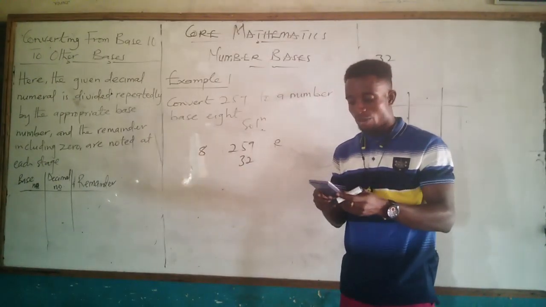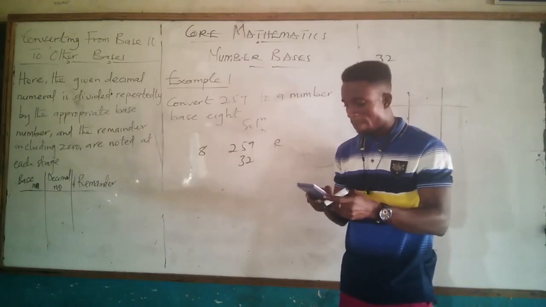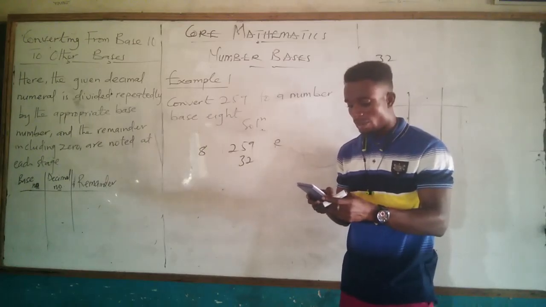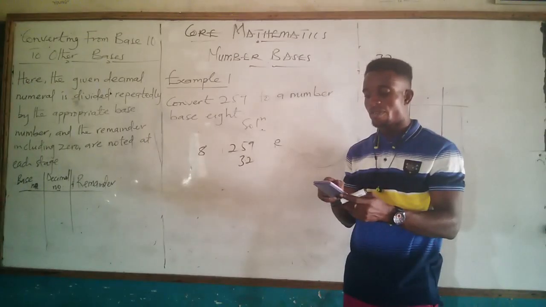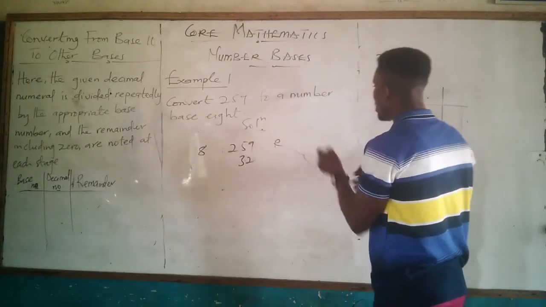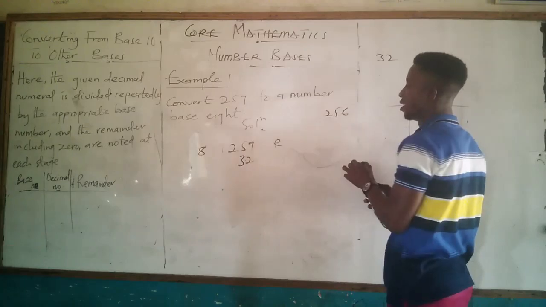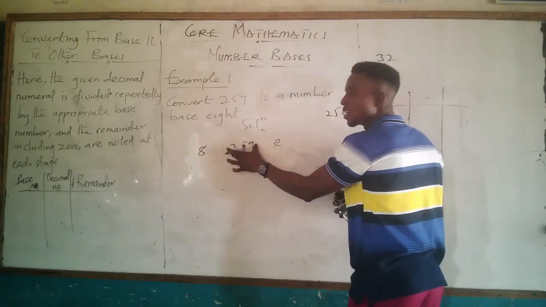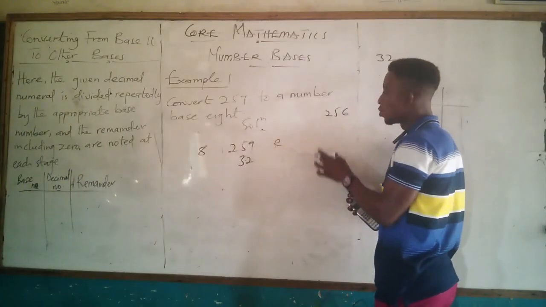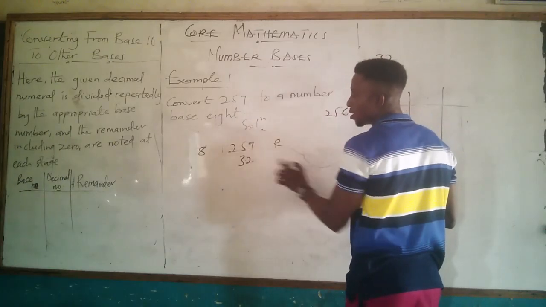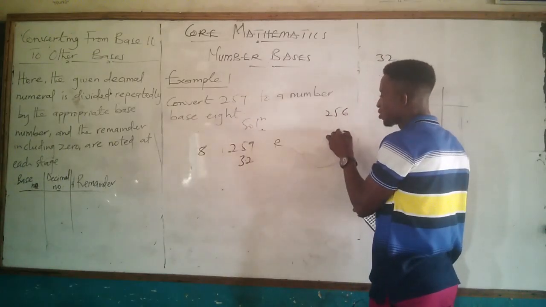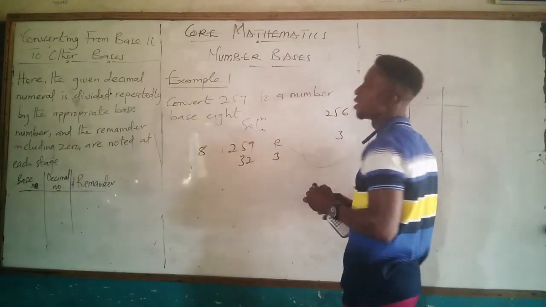Are we getting that? So the person will say the 8 times the 32 gets me 256. So the person will write the 256 somewhere. Then we'll subtract it from this one to get to know the remainder. So if I subtract this one from this one, you can use your calculator and definitely I'll get the remainder 3. Then the person will write the remainder 3.